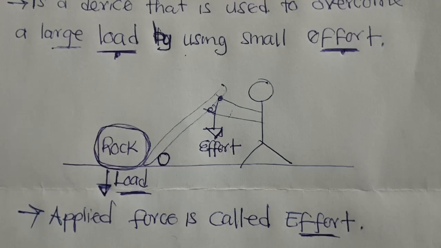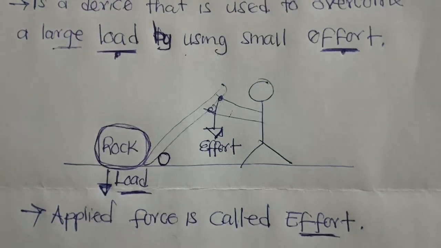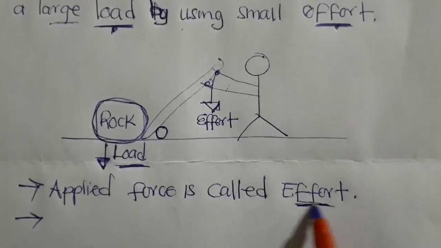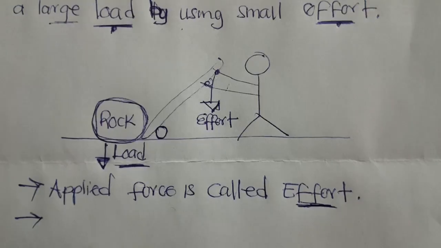And the force which effort overcomes is called a what? A load. So we've got another point. These are two points. Even in my definition, I gave effort and load.